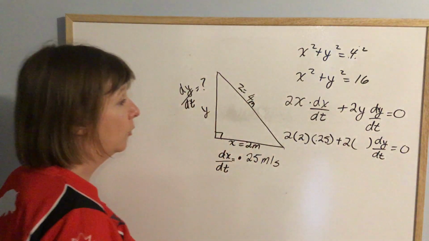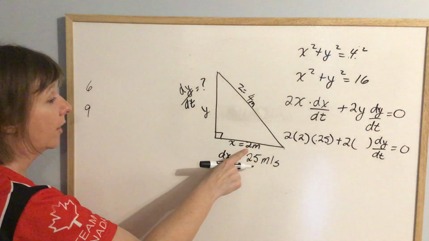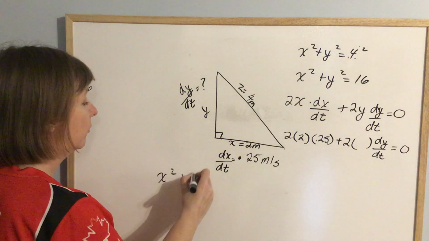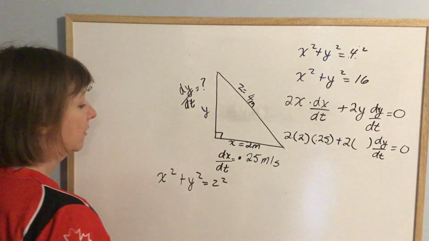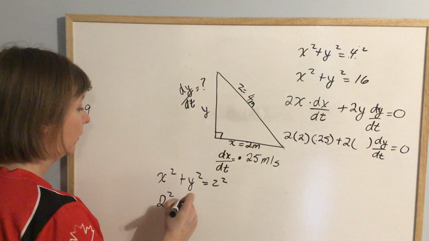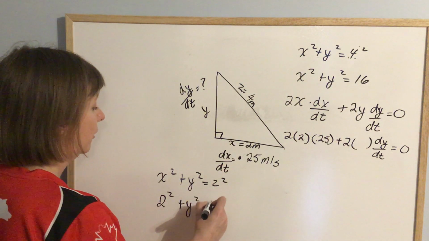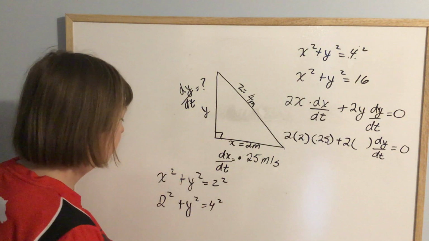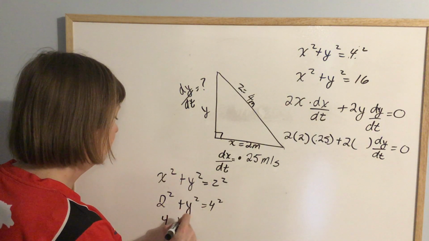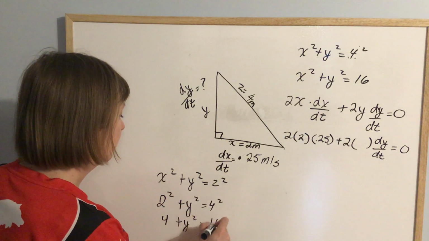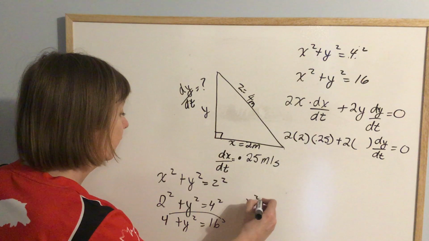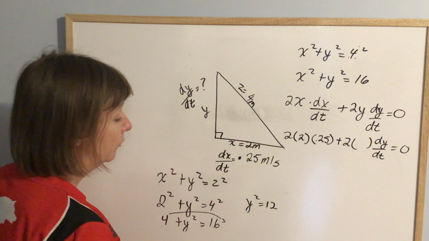So I need to figure out a y, but I can do that because I know that's 2, I know that's 4, and I know that x squared plus y squared equals z squared. So 2 squared plus y squared is equal to 4 squared. So 4 plus y squared equals 16. If I move this over here, y squared is equal to 12.